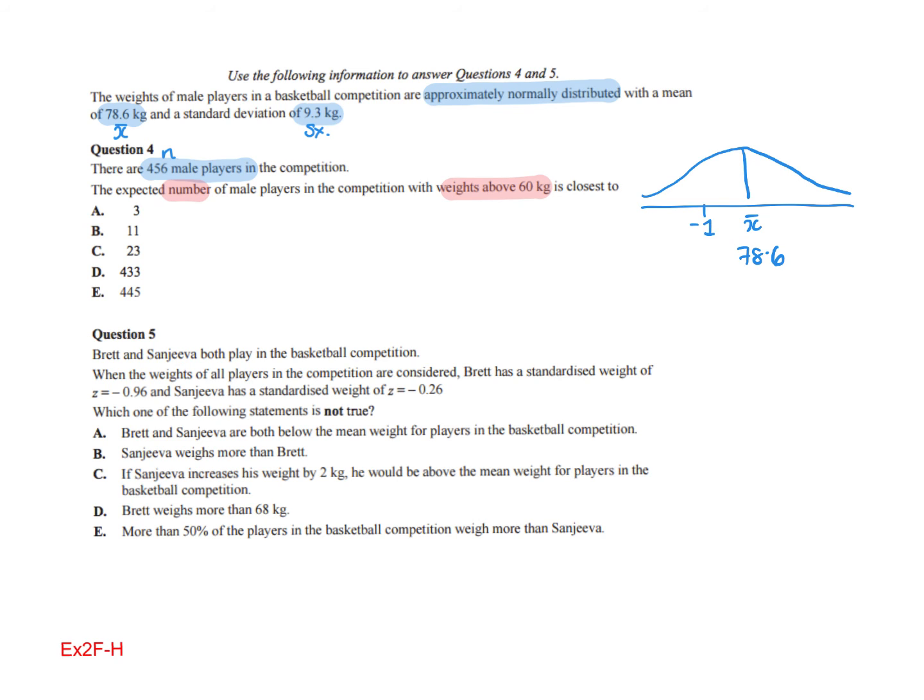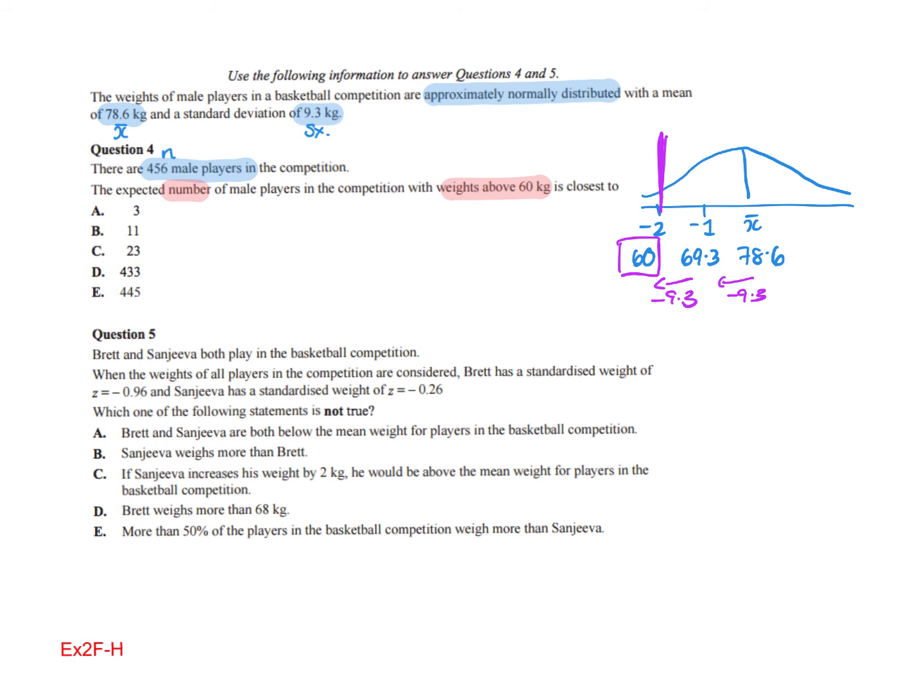If I go down one standard deviation, 78.6 minus 9.3 would be 69.3, yes? And then if I minus another standard deviation of 9.3, I get 60. So can you see what I'm doing there? This is minusing 9.3, minusing 9.3, yeah? So if we're at 60, we're at the 2 standard deviation.